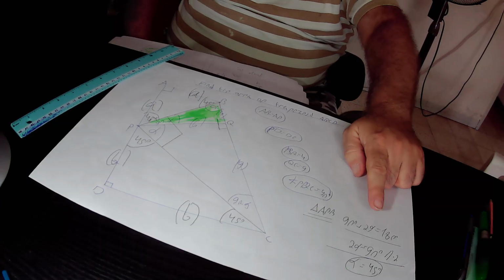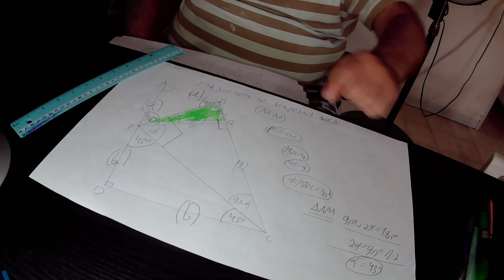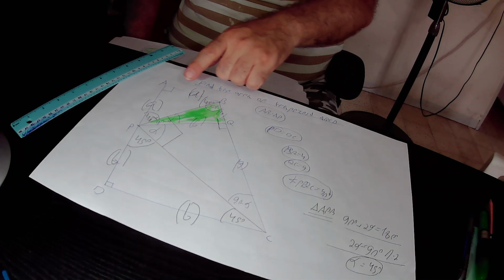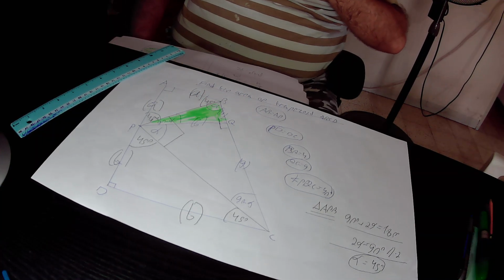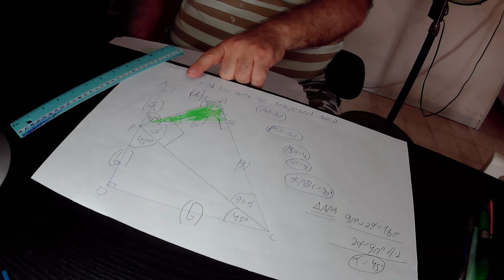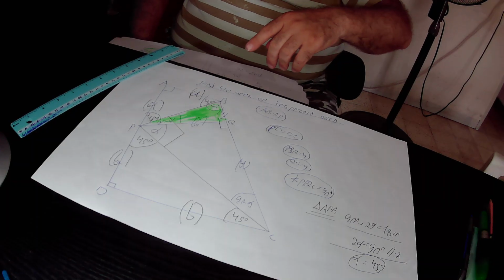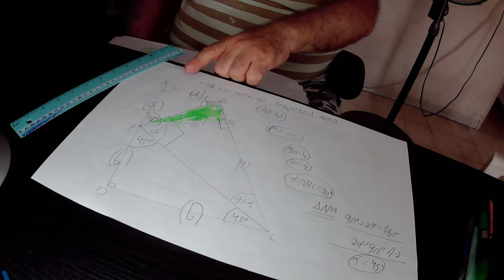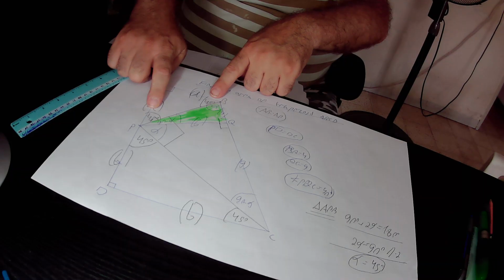Here we divide this equation by 2 and finally find out that alpha equals 90 degrees over 2, that is 45 degrees. So this is angle alpha, equal to 45 degrees in its size, and this is also angle alpha, equal to 45 degrees in its size. So this is a right and isosceles triangle, and in a right and isosceles triangle, we have one angle that is a right angle, and the two other angles, each of them must be equal to 45 degrees in their sizes.